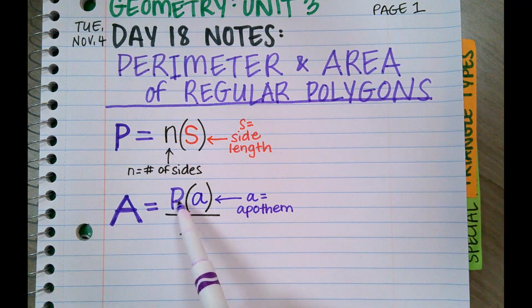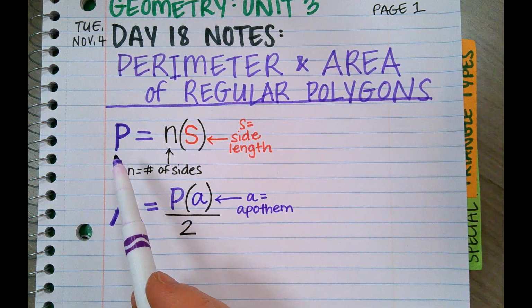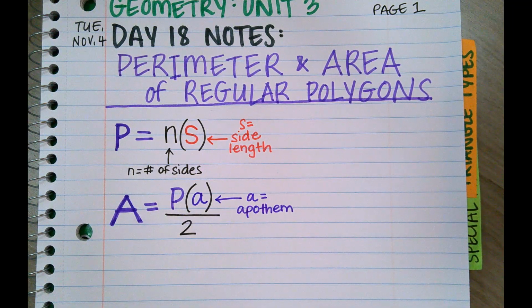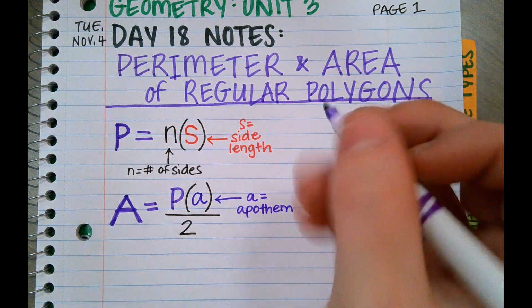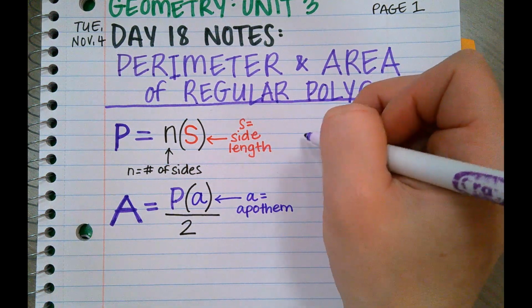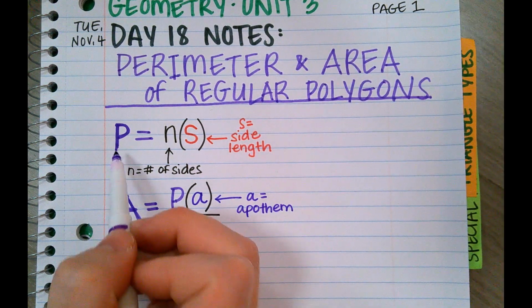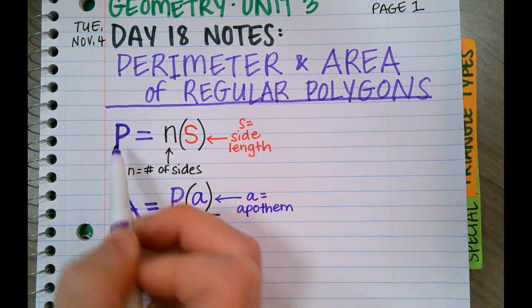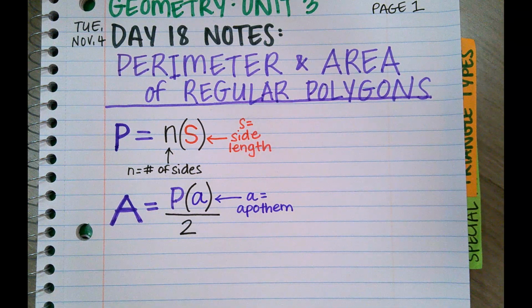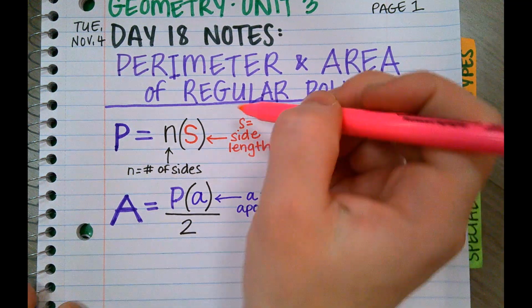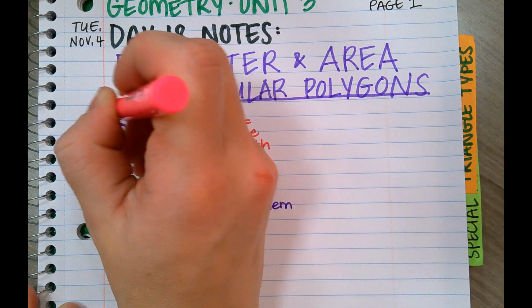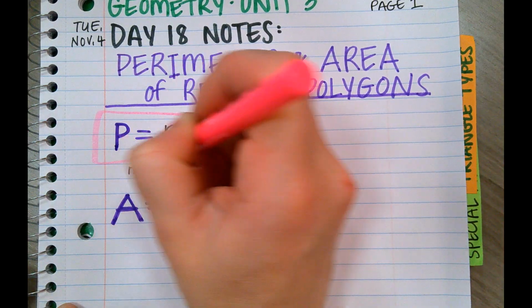And P is what we find in that first step when we find perimeter. These formulas you want to have somewhere that you can find them.